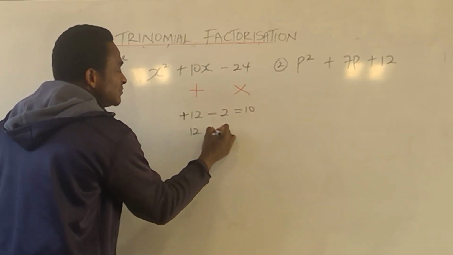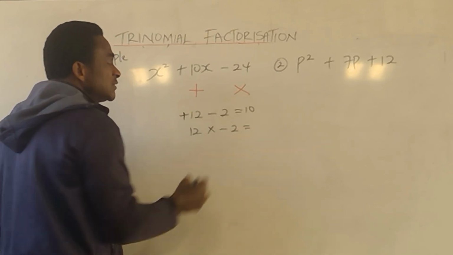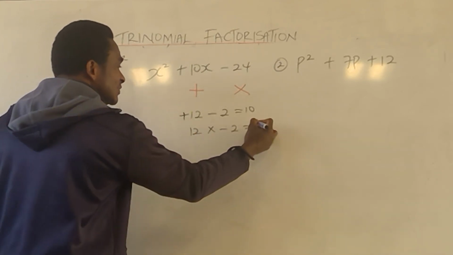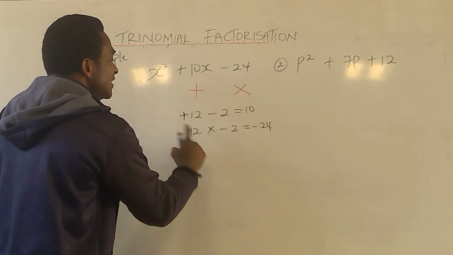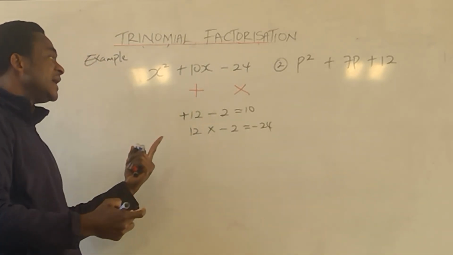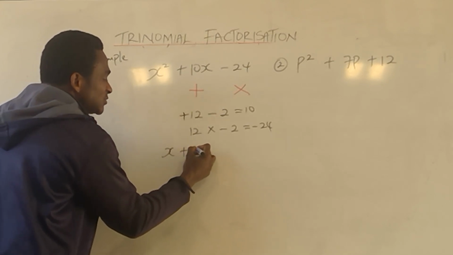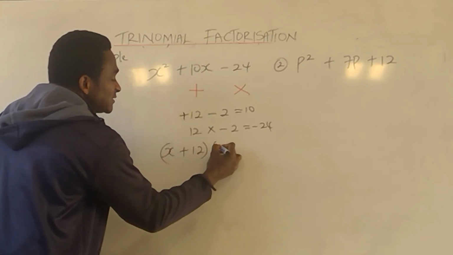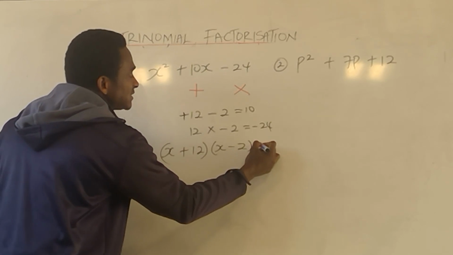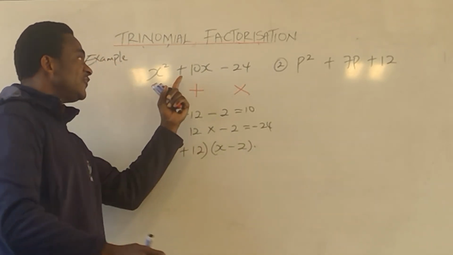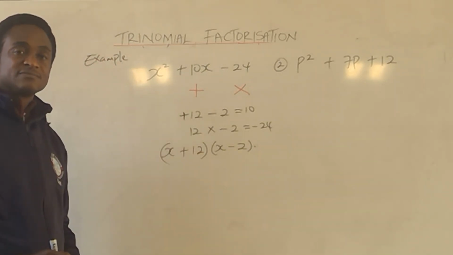Then 12 times negative 2 will also give me negative 24. It means that the 2 factors are 12 and negative 2. So we have x plus 12 and x minus 2 as the factors of this trinomial.